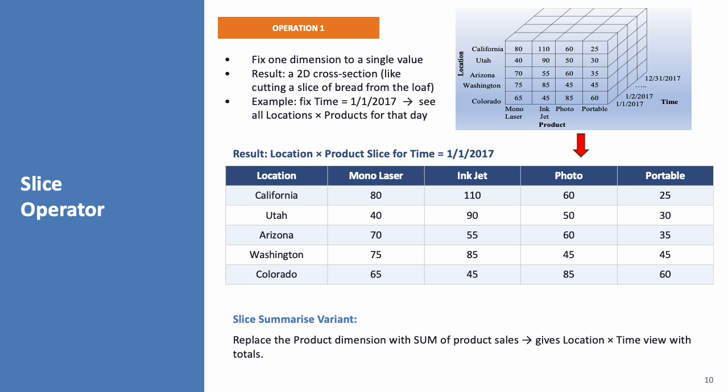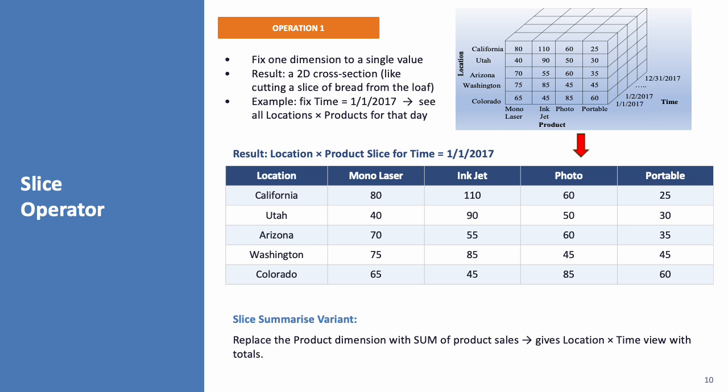We take our 3-dimensional cube and fix one of its dimensions to a single value, which will remove that dimension and give us a 2-dimensional table. So in this example, we are slicing the cube on the time dimension, and we are going to fix it to 1st of January 2017.